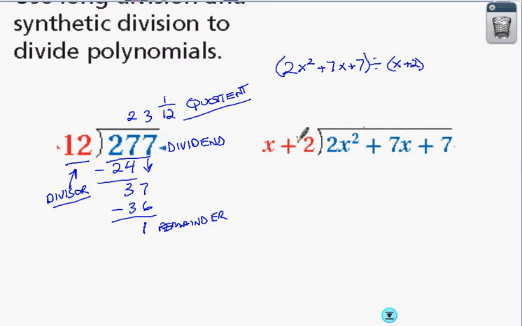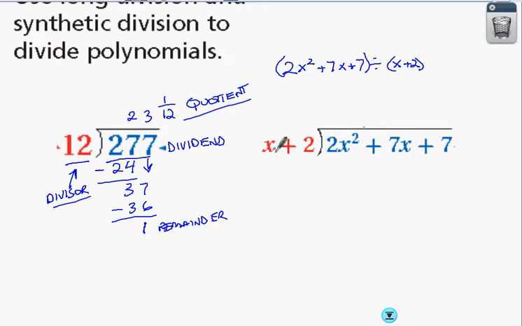We're going to put x plus 2 into the divisor position. The dividend, which in this case is 2x squared plus 7x plus 7, goes inside the symbol for division.